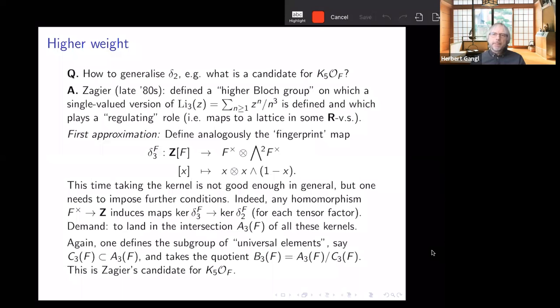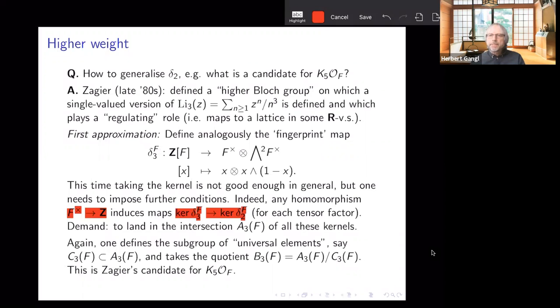Sorry to have interrupted you. What do you mean by intersection of all these kernels? What do you mean by these kernels? At the moment, I see only one map. Yeah, so for each homomorphism here, you get a map from the kernel of delta 3 to the one of delta 2. But there are many such homomorphisms. For instance, for each prime, you can take evaluation for each prime.